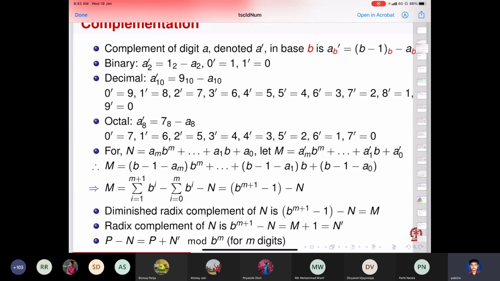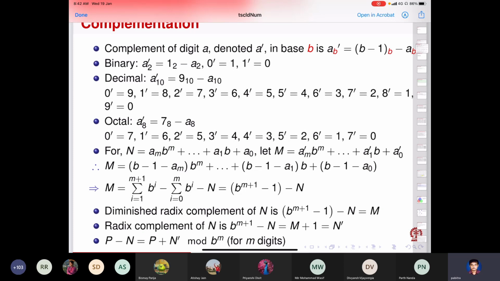If you take two numbers p and n, the difference between them, p minus n, is nothing but p plus n prime mod b to the power n, for an n digit integer. That's a nice property of the radix complement.